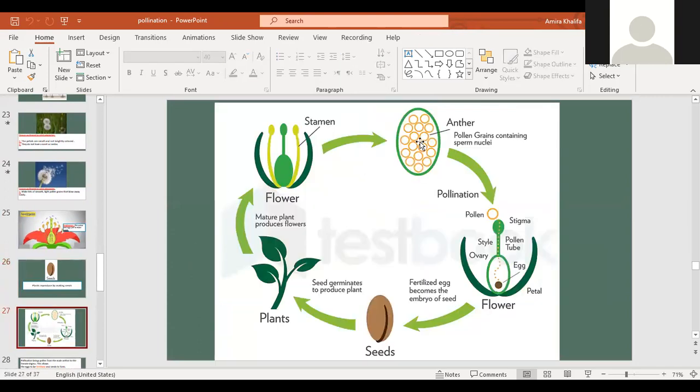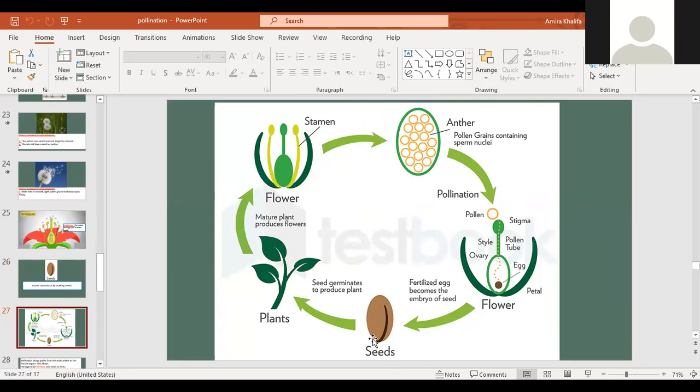So again, when pollen grains go to the stigma, this is pollination. But when they join together to make the egg in the ovary of the plant, this is fertilization.